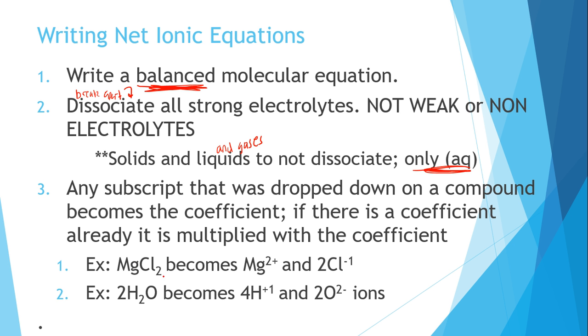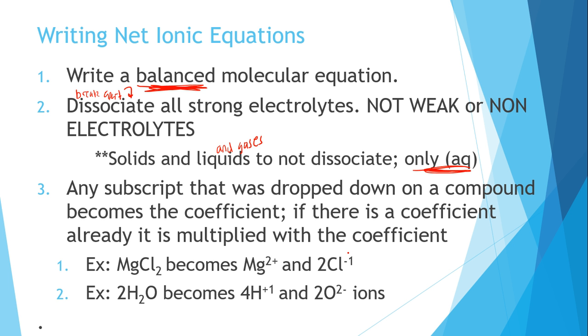Chlorine doesn't normally have a 2 down here. That 2 came from magnesium's charge. So when we split it into its 2 ions, Mg gets a 2 plus, but that 2 that was written down here that doesn't belong gets put out front here, and we have 2 chlorine ions, so 2 Cl negative 1.